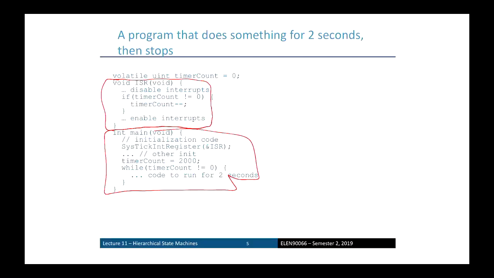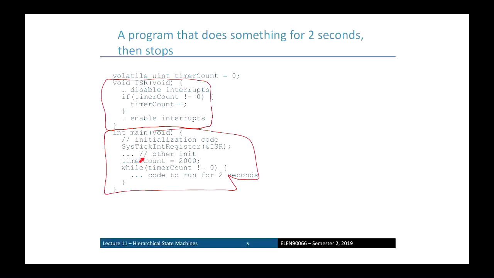We tell the microprocessor the interrupt service routine lives at some memory address, and every time you get a tick of the clock, which you may have initialized at some rate somewhere else, that you are going to branch to this piece of code here. Okay, that's how ISRs work.